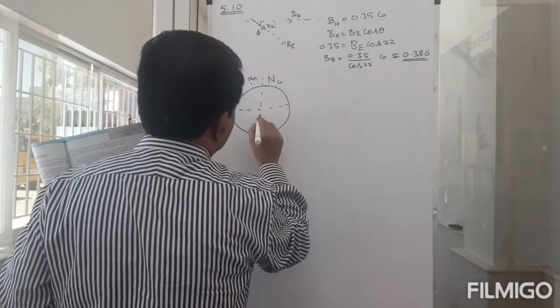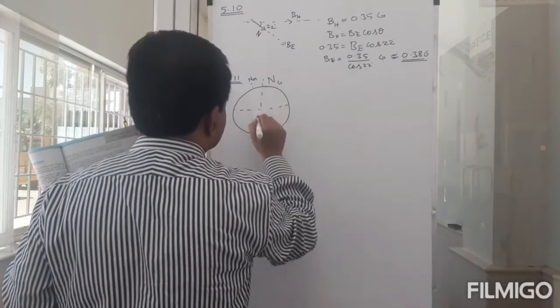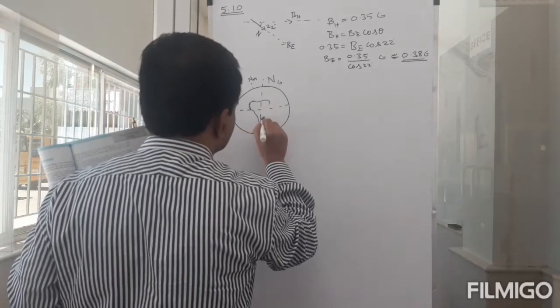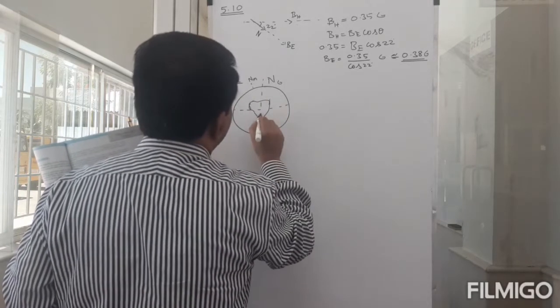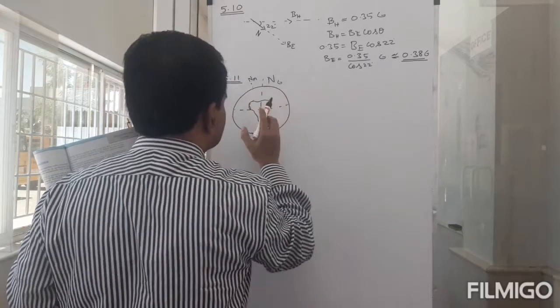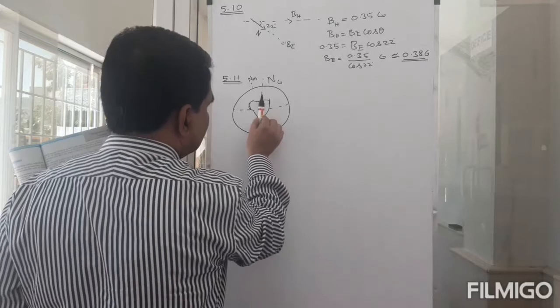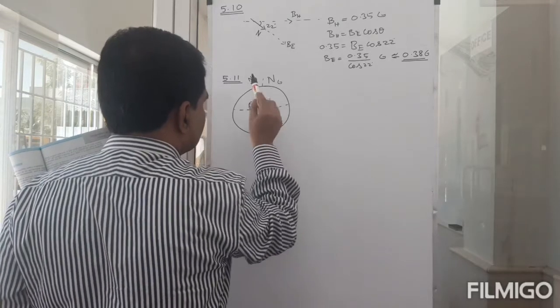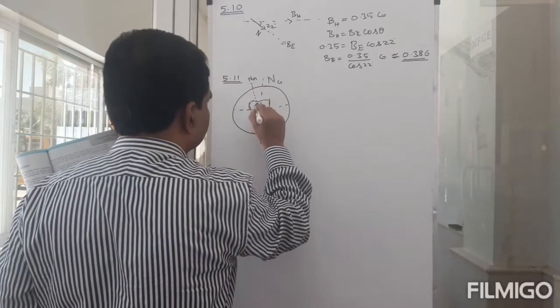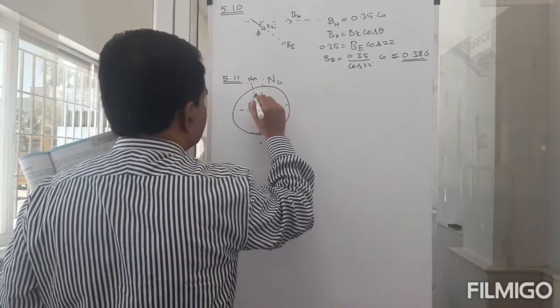And at some point in Africa, so this is Africa, something like that. So at some point here, when you keep a needle, it's going to point like this. So this angle, that is given to be 12 degrees.